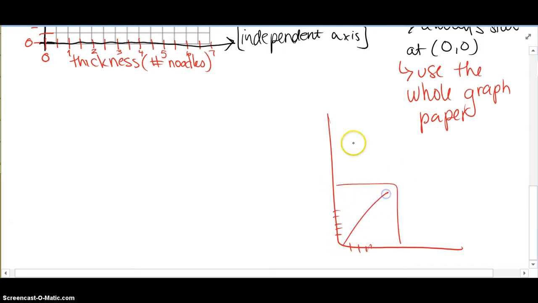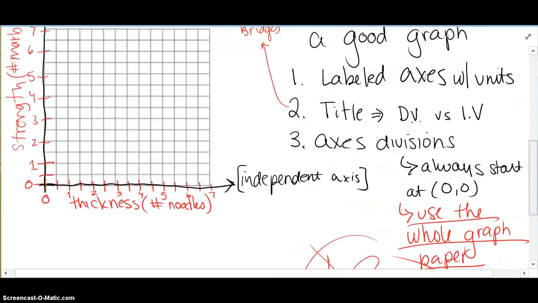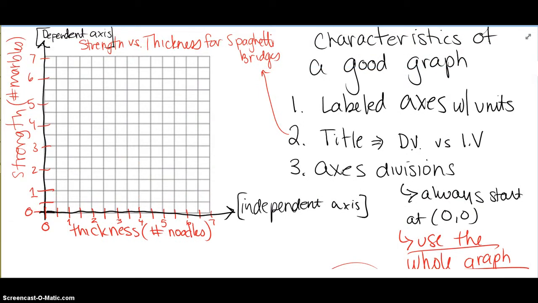There's like a graph in here and this part doesn't get used. Don't do this. Use the whole paper. So spread your squares out. And they don't have to go every other square. You could go every 3 squares, or you could go every other square. These two axes don't even have to be the same number of squares per number.